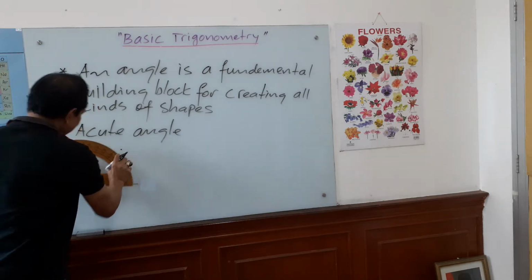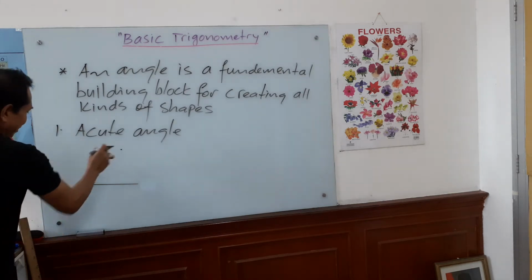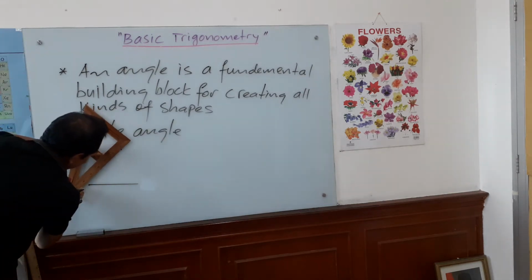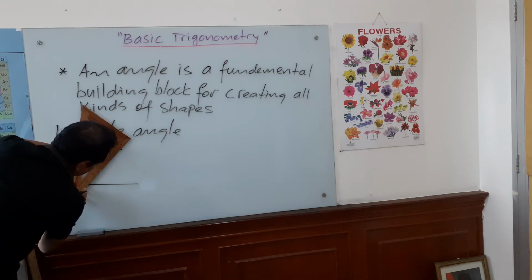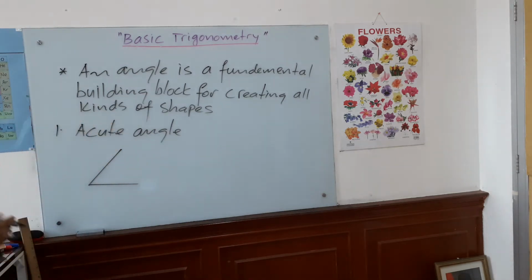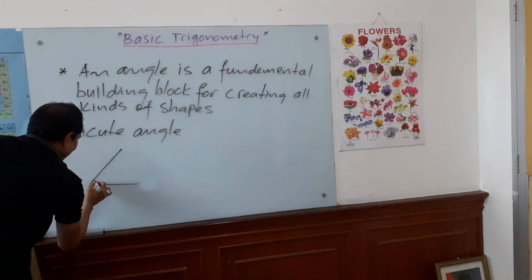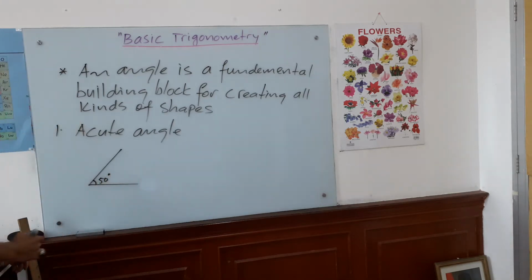Now we connect this point here with the point we have here. It's done. Now this is an acute angle. We put 50 here, 50 degrees.